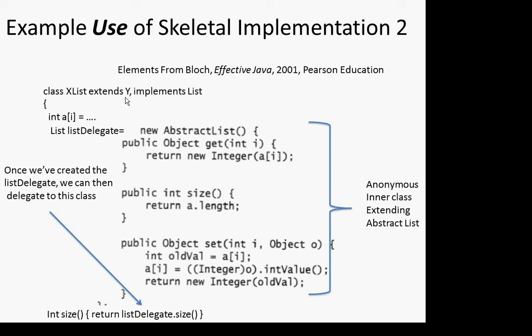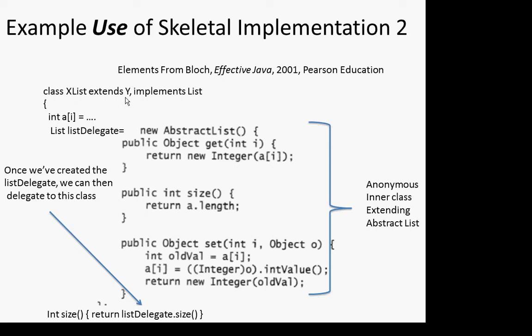You have to define all these methods, but it's trivial to define them because you just delegate. You just say, oh, you want my size? Hey, buddy, tell me your size. You just say that to each of your delegates here, right? So here, what's our delegate? Well, we just create a new abstract list, we define these methods, and then we've got our delegate, and we can just ask it every method that's asked of us for abstract list, we just pass it on to this delegate.